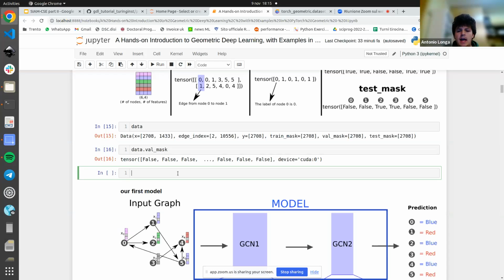But when they developed PyTorch Geometric, they decided to implement this. But you have functions that allow you to convert graphs, from NetworkX to PyTorch Geometric, and from PyTorch Geometric to NetworkX. So there are different ways to achieve this. Yeah, thank you.